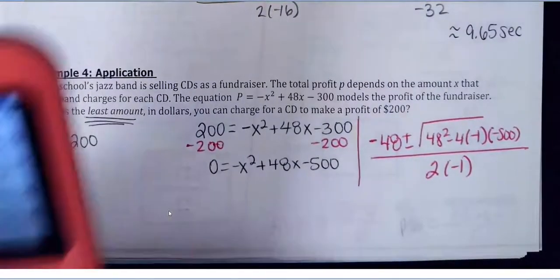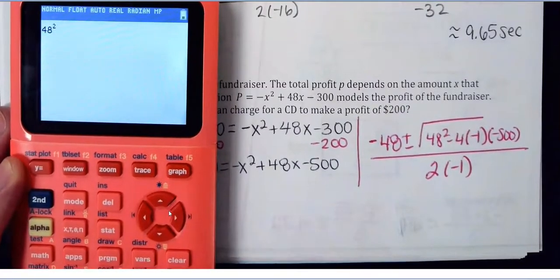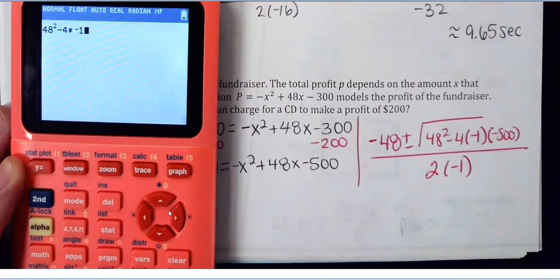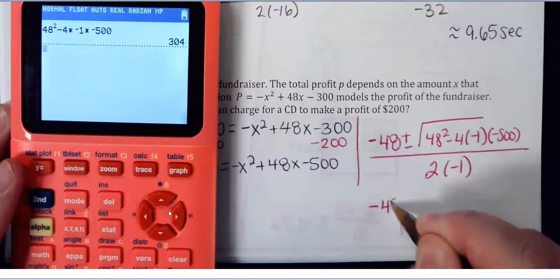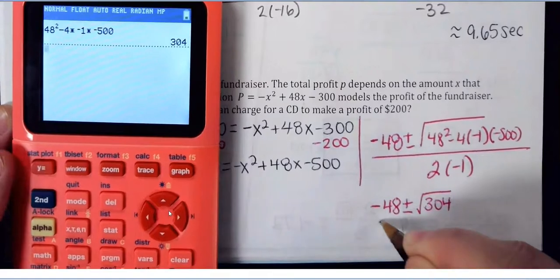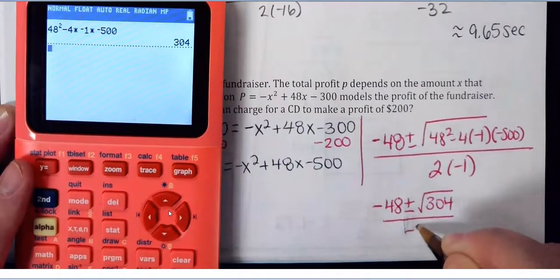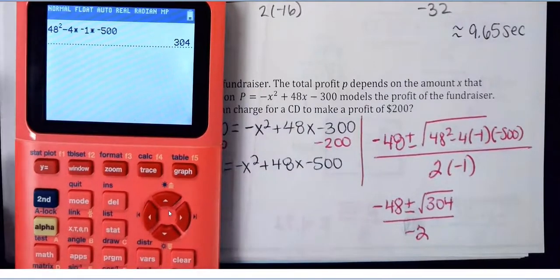Okay, for my lovely square root here, we're just going to do 48 squared minus 4 times negative 1 times negative 500. Okay, not a nice number, that's okay. We're not breaking this radical down because we're going to talk about money here. And if you do this, both of these answers are going to be positive.